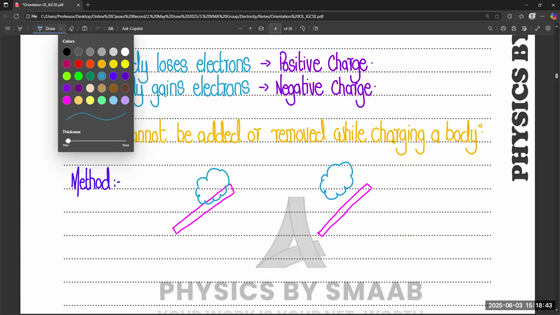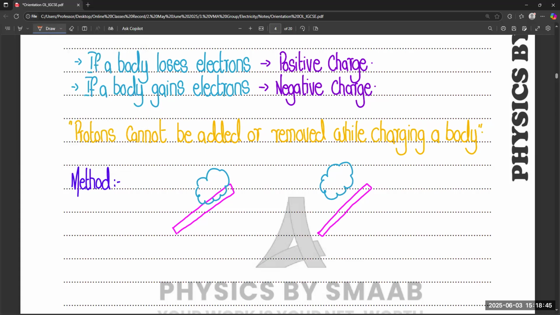In the first diagram, you can see that both are in contact with each other. So when we rub both of them together, one body gets, let's suppose, positive charge.